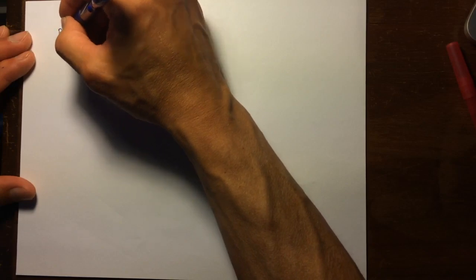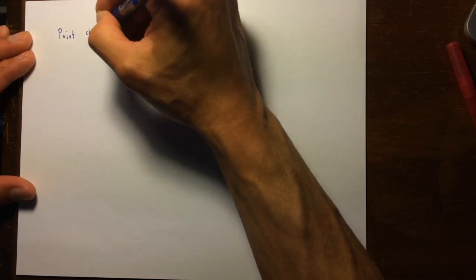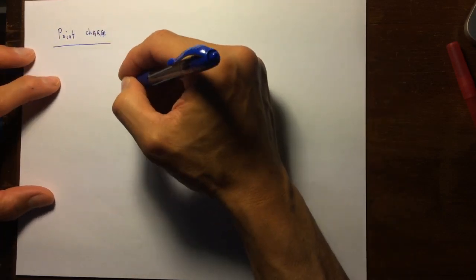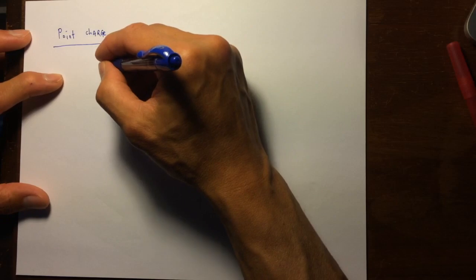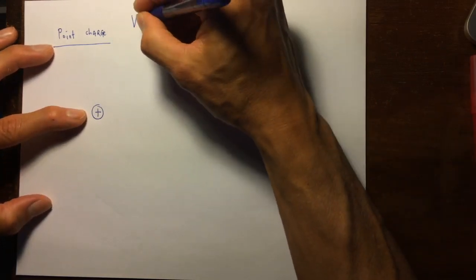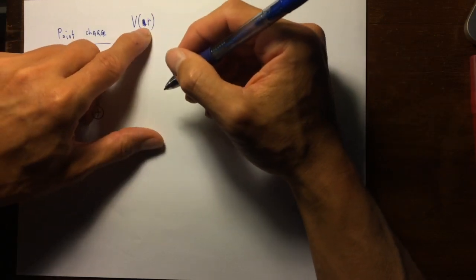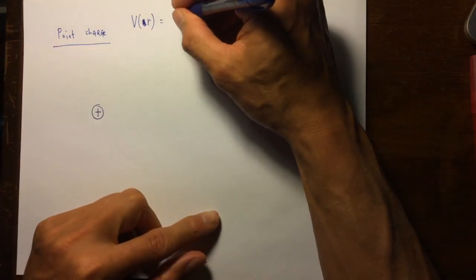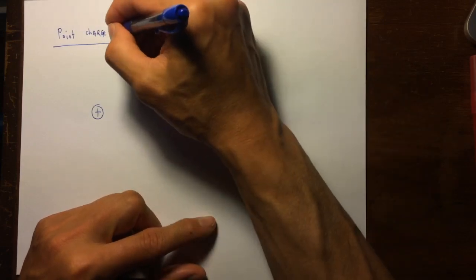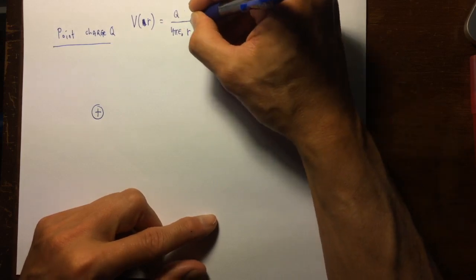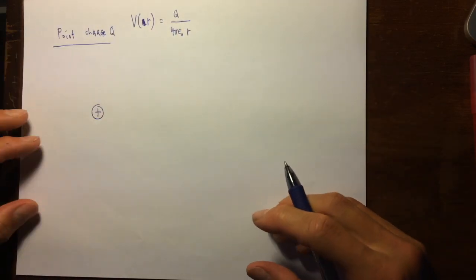So with that in mind, let's study a point charge. Right? So here's a point charge. So if I think about the potential of a point charge, it is only dependent on the distance away from the point charge. So let's say the point charge is capital Q. 4 pi epsilon naught comes along, divide by the distance from the charge that we're asking for the potential.